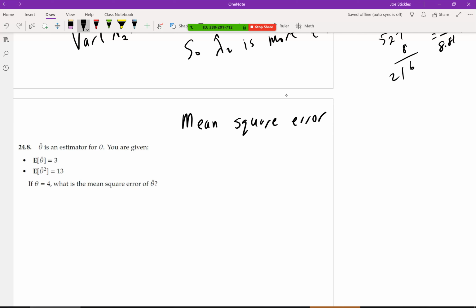In some sense, the mean square error is a measure of how bad an estimator is, on average. How bad the error is. So this is the expected value of the square of the difference of the estimator from the true value. So this is how we define the mean square error.